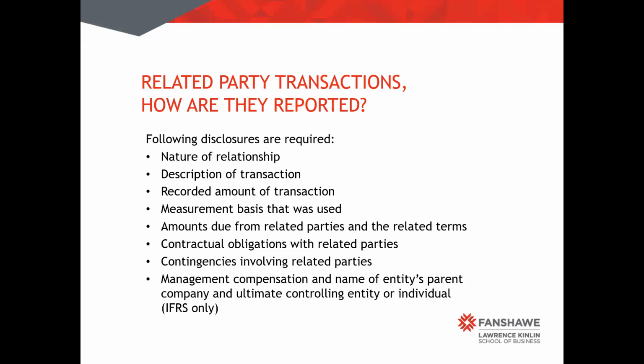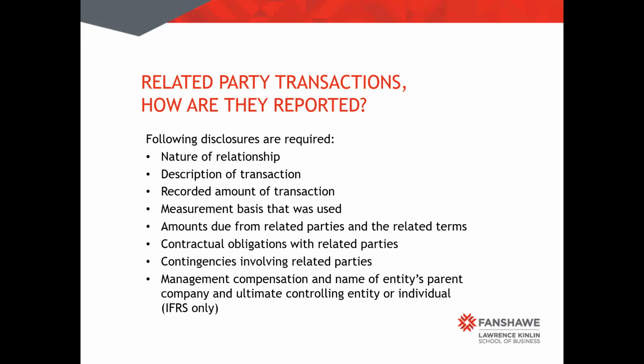So how are they reported? Under disclosures, you are required to describe the nature of the relationship. For example, they are a board member or the spouse of the president, and they own a business that provides catering services, and they were hired for every event. That's a related party. What's the description of that transaction? What's the amount? What's the measurement basis?